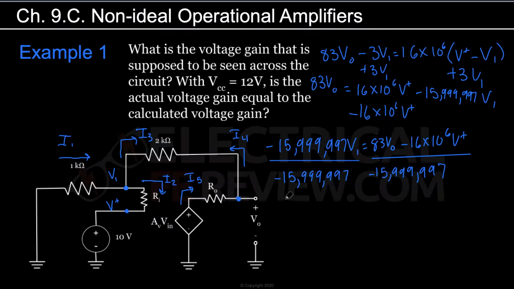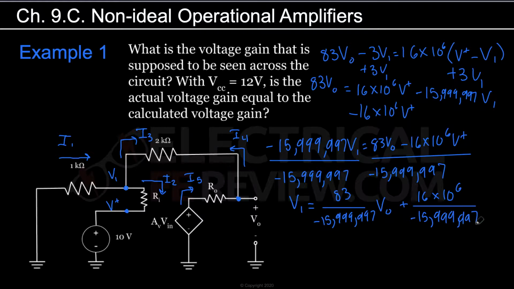And that is going to give us V1 equals 83 over negative 15,999,997 V out plus 16 times 10 to the 6 divided by negative 15,999,997 V plus.